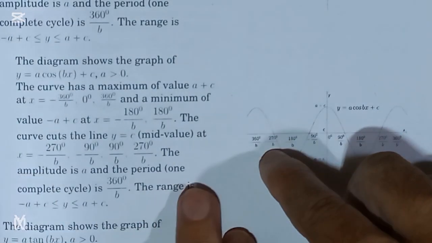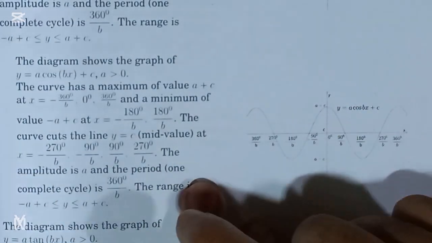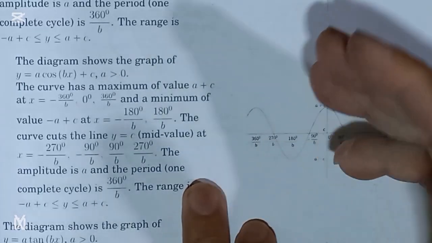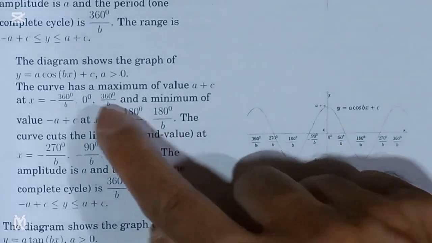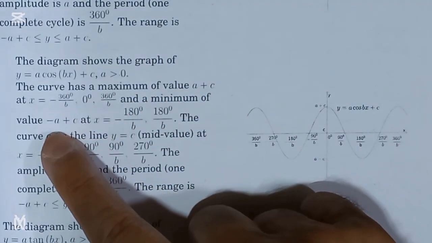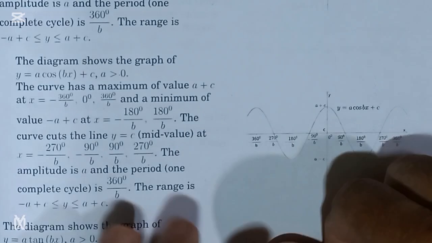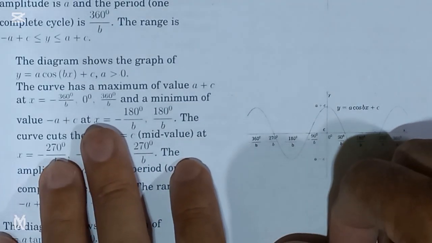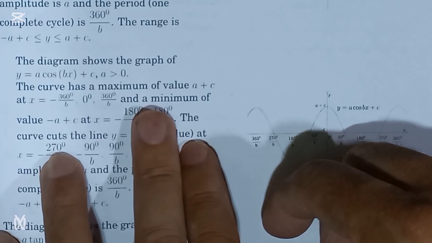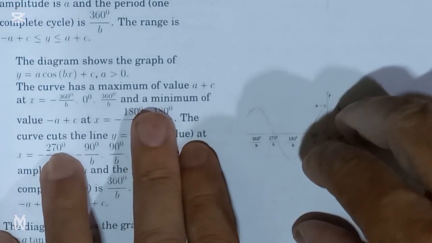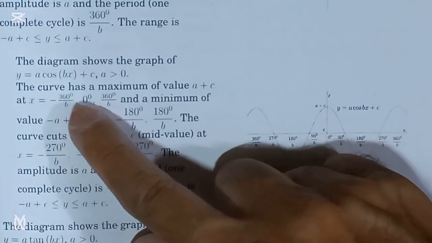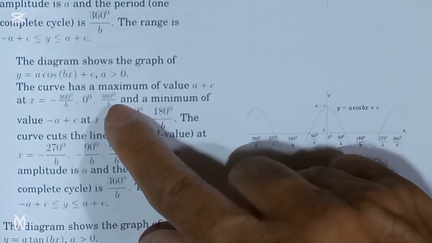So the same things will be discussed because I have told you earlier the things are almost the same for sin theta and cos theta. So look now, the curve has a maximum value of C + A and the minimum value is C − A. If you remember the concepts of cos theta, the maximum value was obtained at −360, 0 and +360.